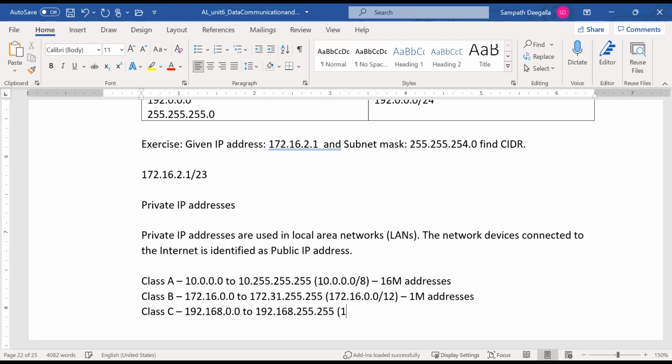And usually we see this as 192.168.0.0/16, where the number of network bits is 16.